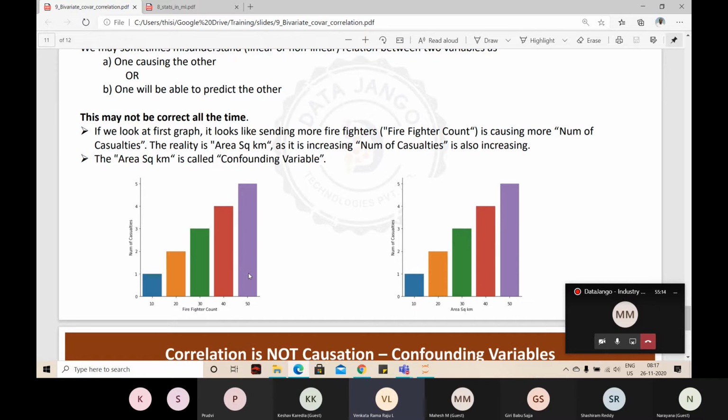The more confounding variables identified in the data, the better the model is going to be. So whatever we learned today is going to be useful. Got it? Okay.